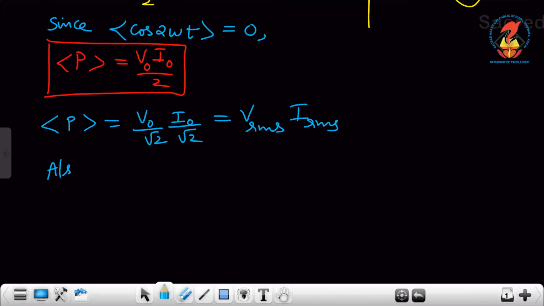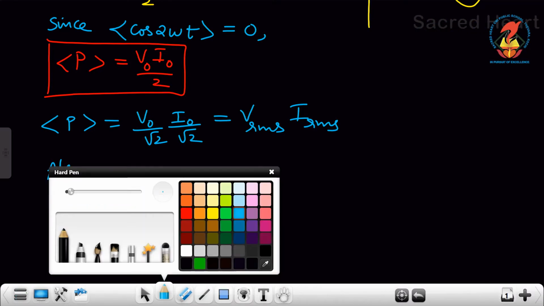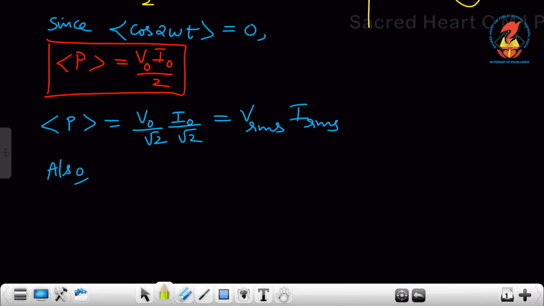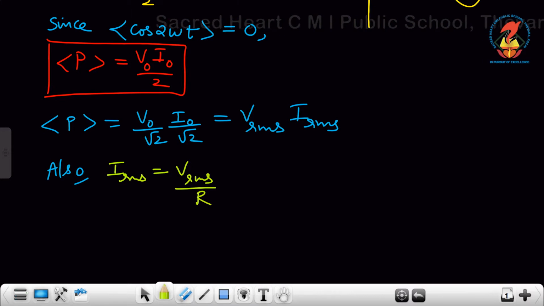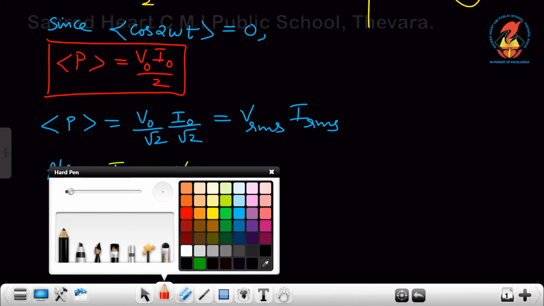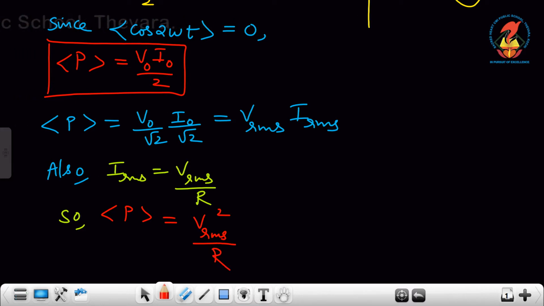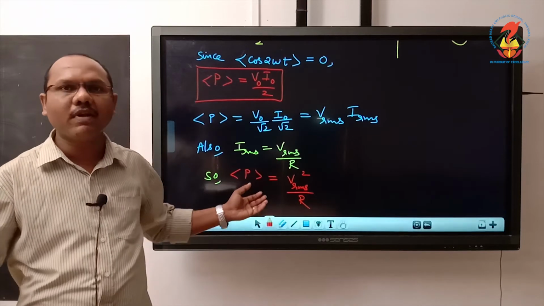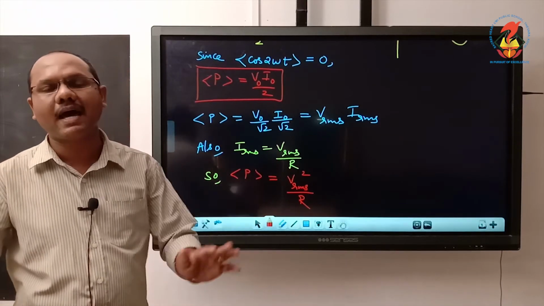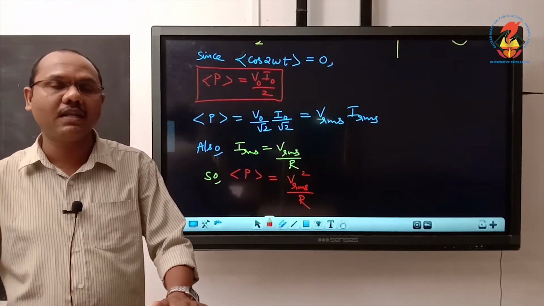And also Irms is equal to Vrms divided by R, so the equation can also be written as average power is equal to Vrms square by R. So these are the different ways to write the average power in a resistor circuit.